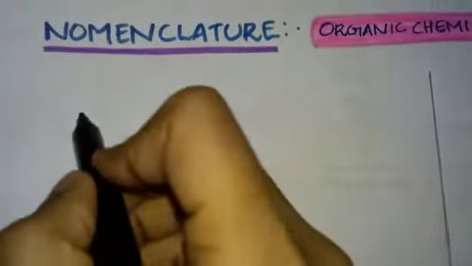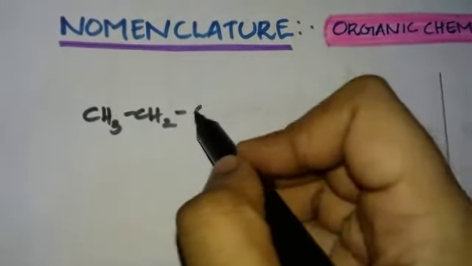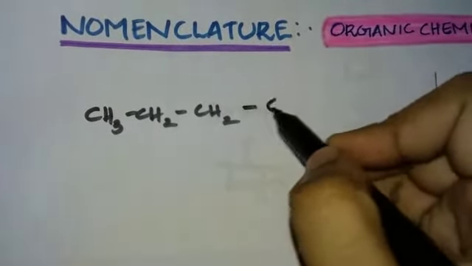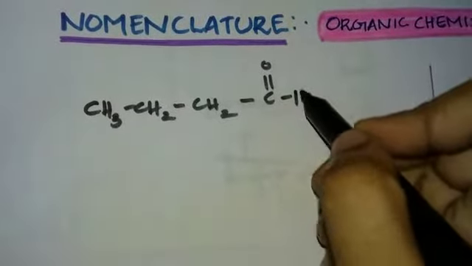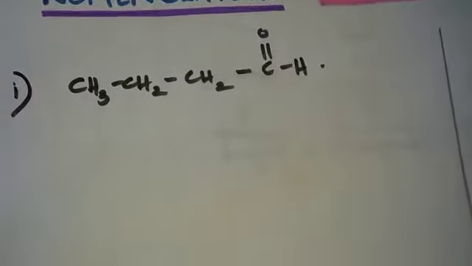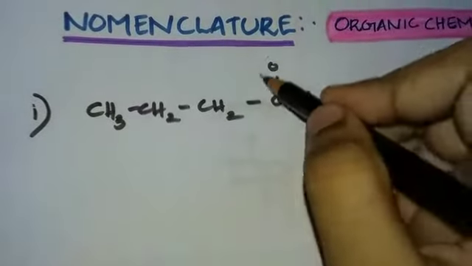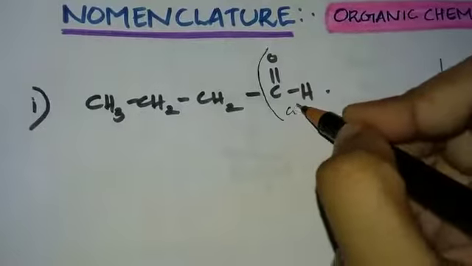The first question is CH3, CH2, CH2, CHO. Look, students, here this is a functional group. This is aldehyde.